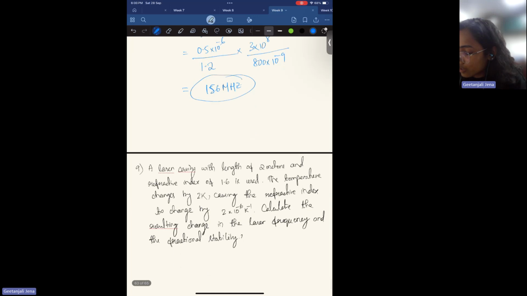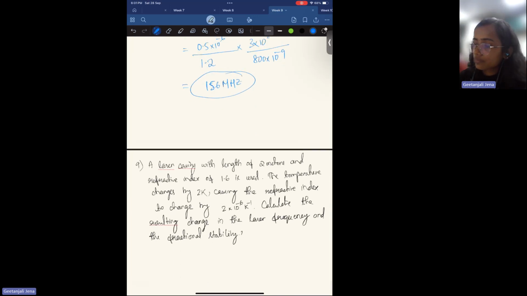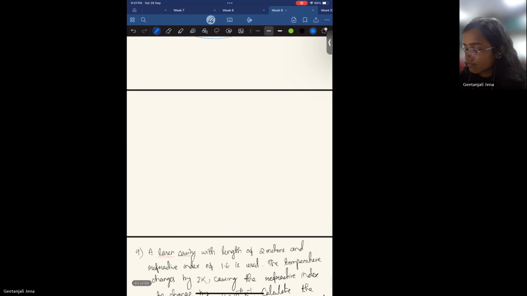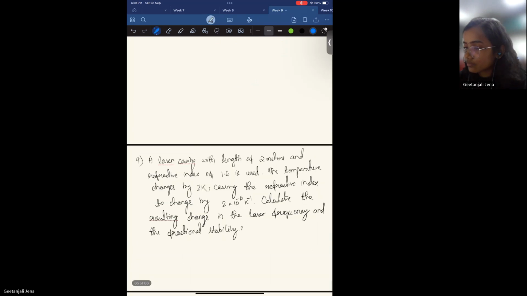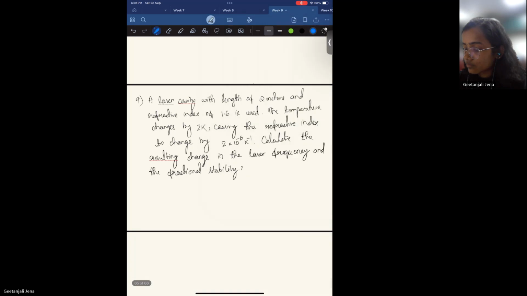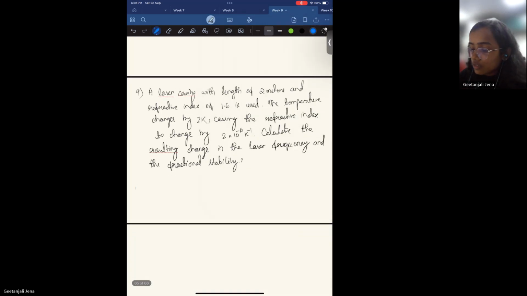So now let us quickly solve the last problem. So the last problem says a laser cavity with a length of 2 meter and refractive index of 1.6 is used. The temperature changes by 2 Kelvin, causing a refractive index change of 2 into 10 to the minus 6 Kelvin inverse.